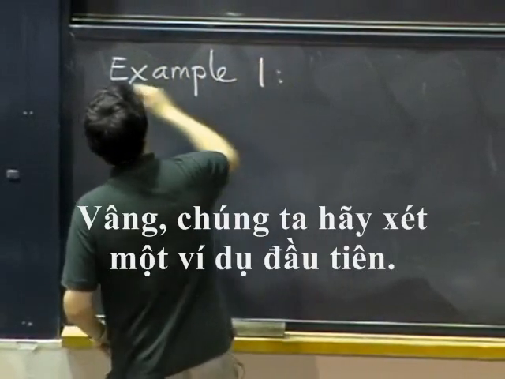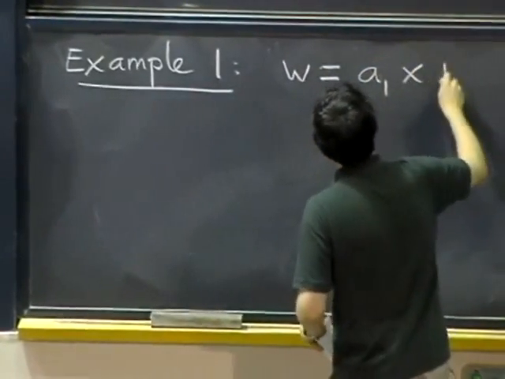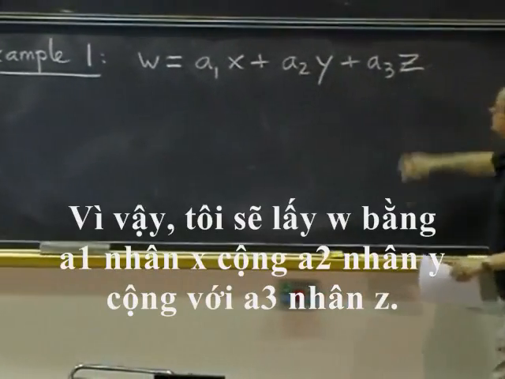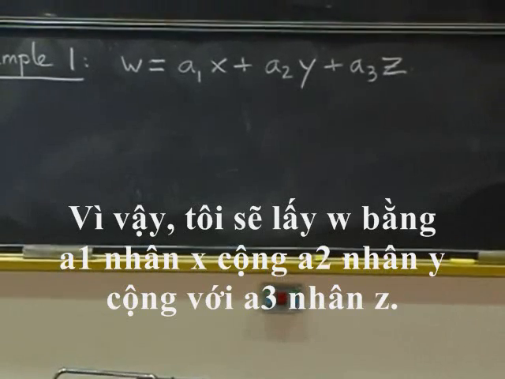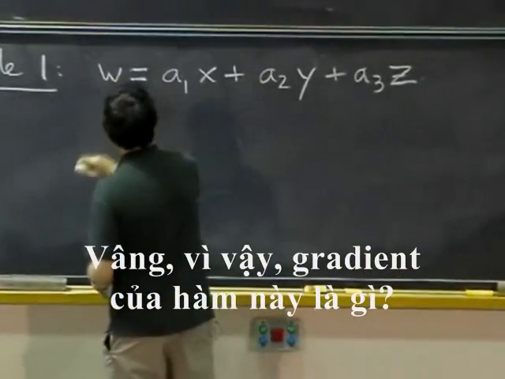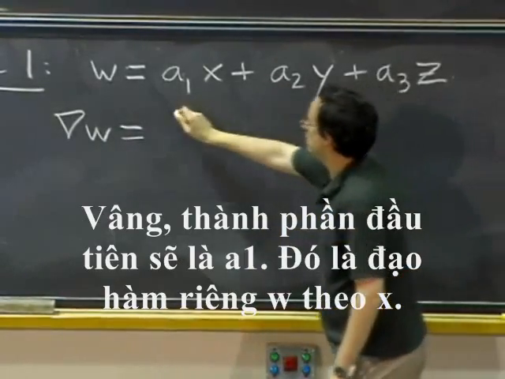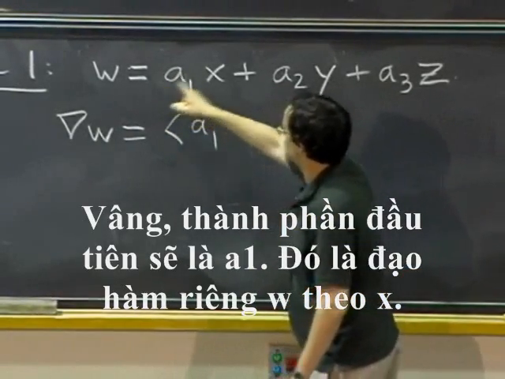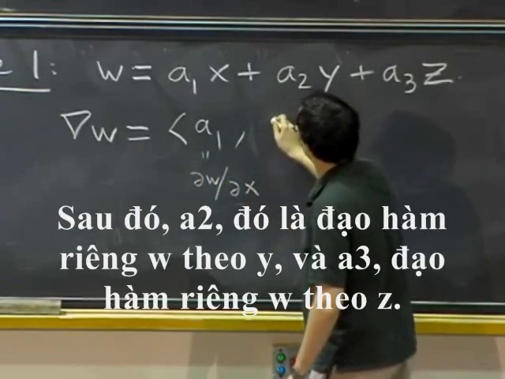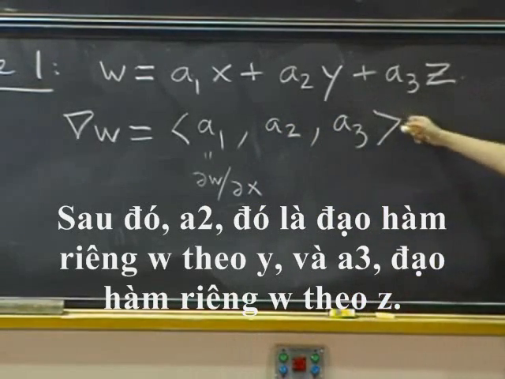So let's do a first example. What's the easiest case? Let's take a linear function of x, y, and z. I will take w equals a1 x plus a2 y plus a3 z. So what's the gradient of this function? The first component will be a1, that's partial w partial x. Then a2, that's partial w partial y, and a3, partial w partial z.